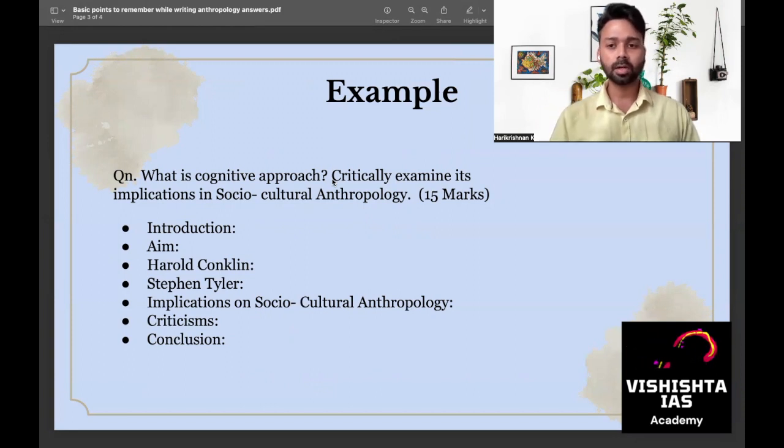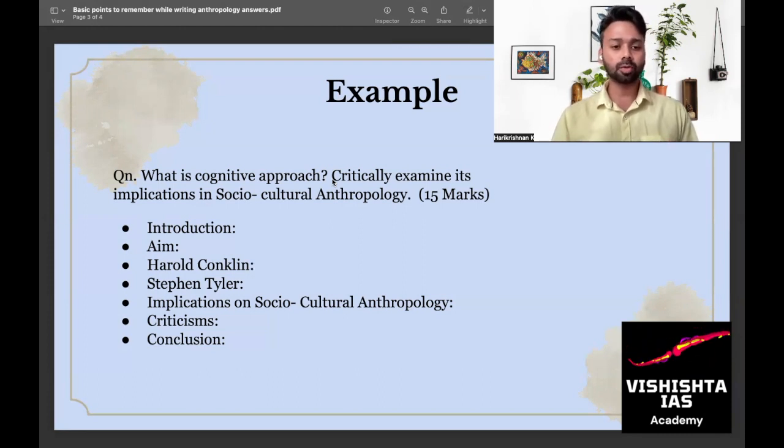Critically examine. So you can't just write something, you have to examine. You have to critically examine the positives and negatives. Critically examine cognitive approach's implications in socio-cultural anthropology. So how the cognitive approach is having certain implications has to be mentioned here.